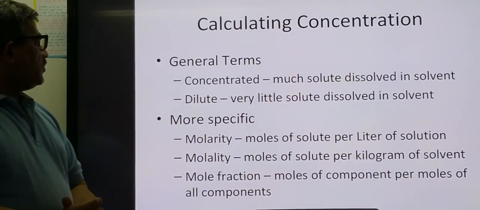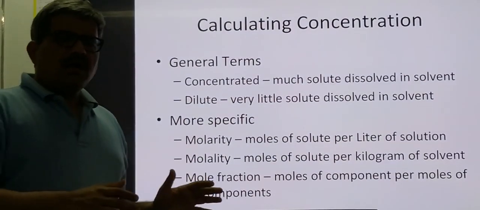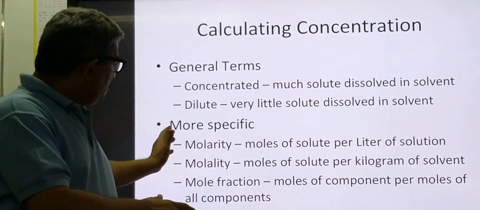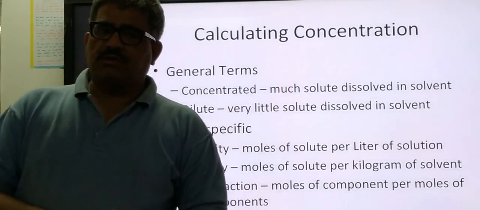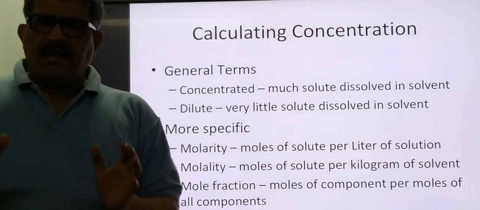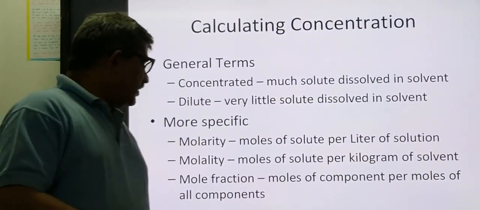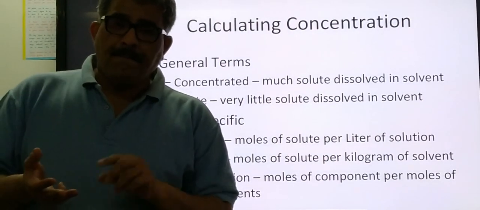Then, calculating concentration terms, this also we were discussing. There are different names, different formulae for different concentration terms. There are 8 concentration terms in our syllabus. Few we were discussing other day, like molarity.